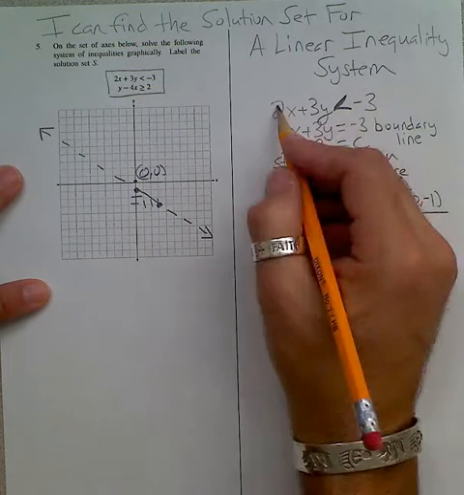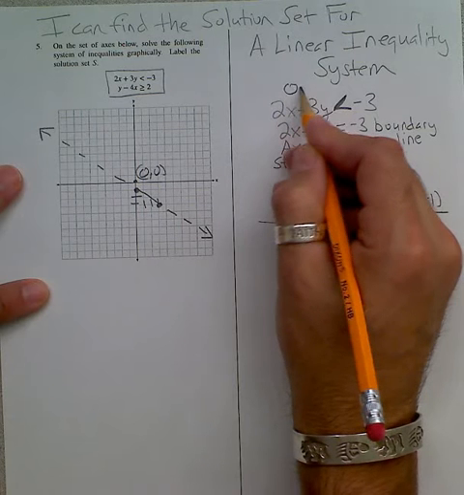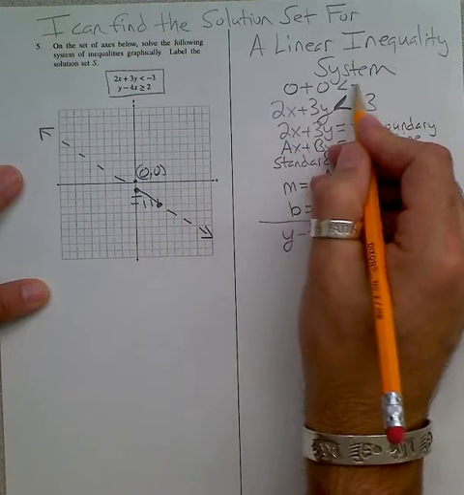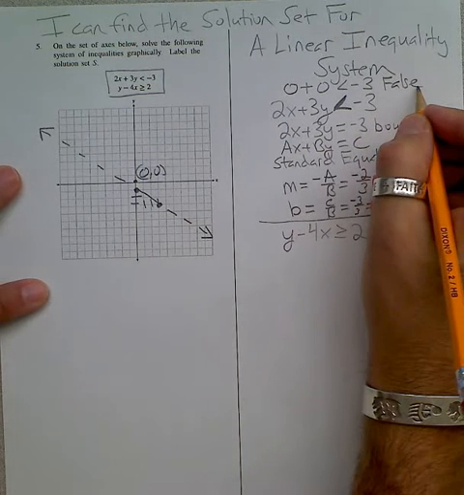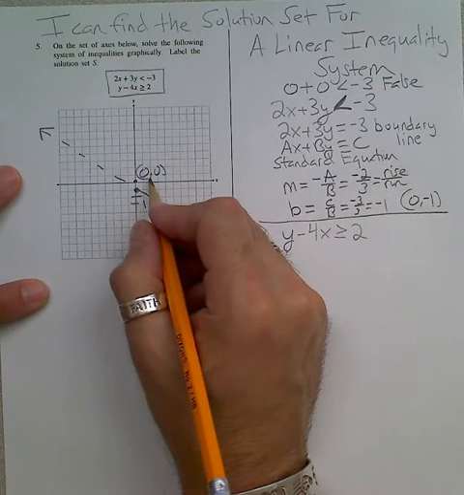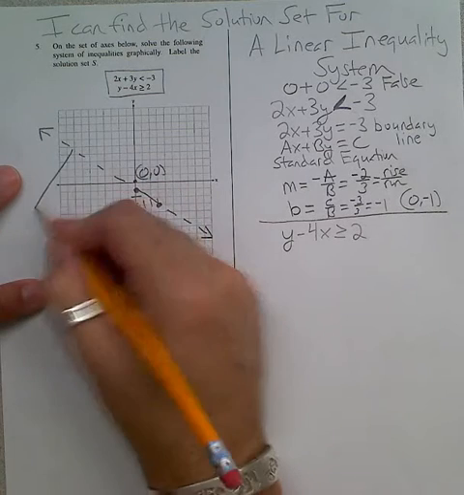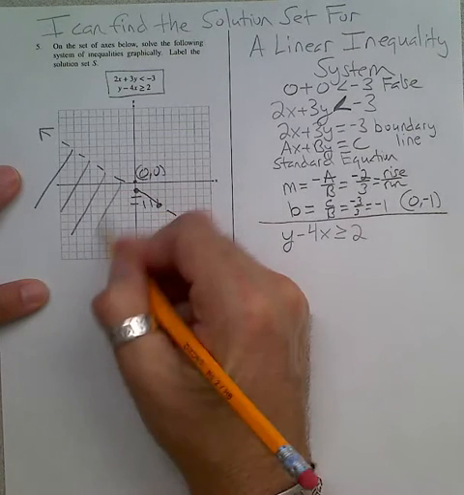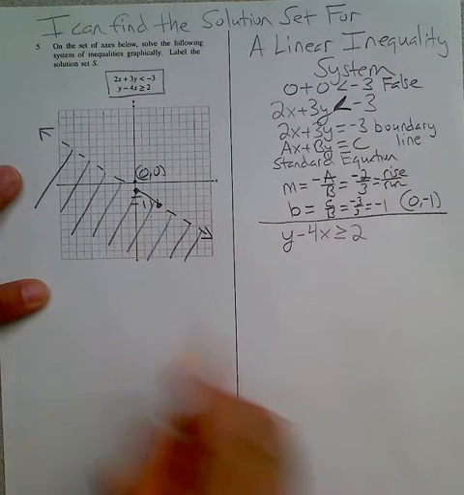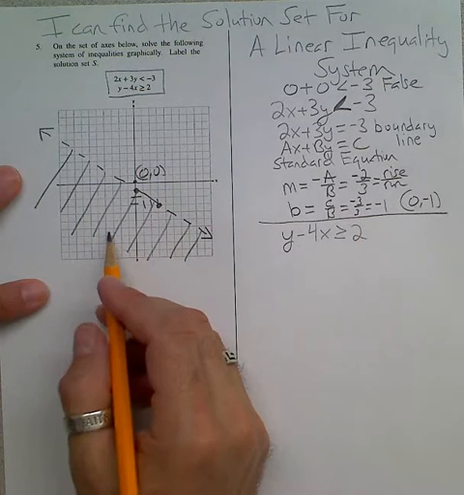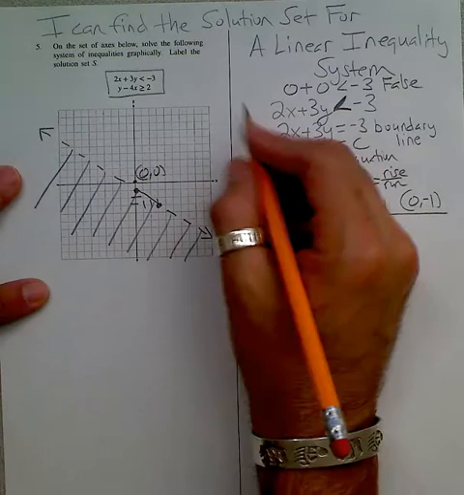If we were to put 0 in here, we would have 0 plus 0 is less than negative 3. This is a false statement. Since (0, 0) did not work in our inequality, the other side of the boundary line is where we would shade. All of these points are points that will work for our first inequality.